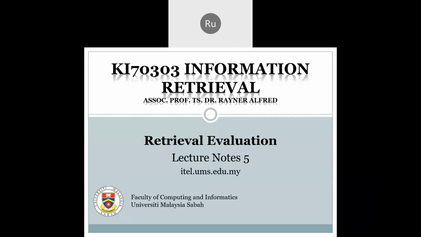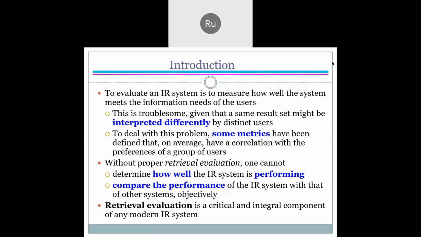So we will learn how to evaluate the retrieval system. We will use two measurements to measure the quality of the system retrieval. This is due to the fact that every one of us will provide feedback depending on our background.